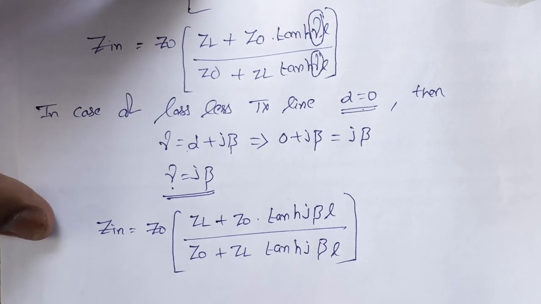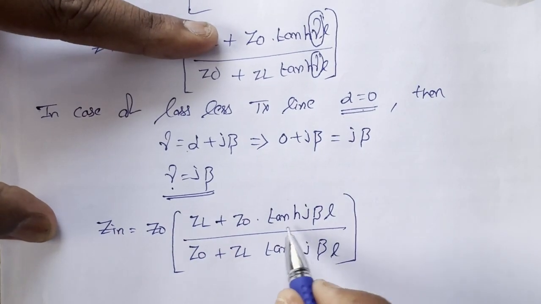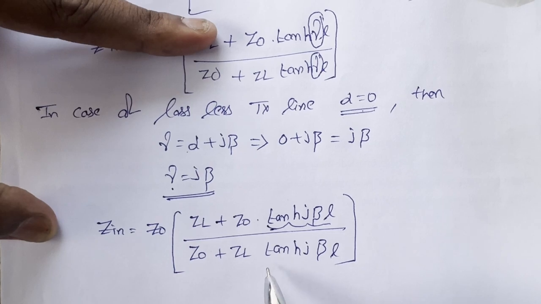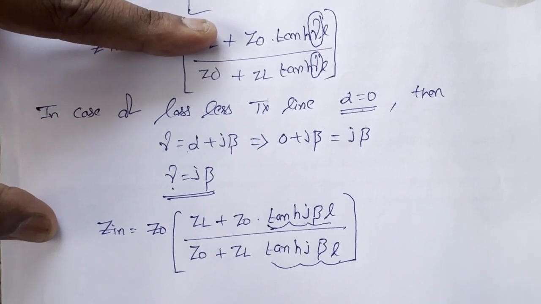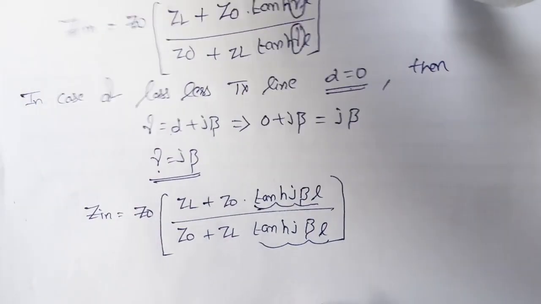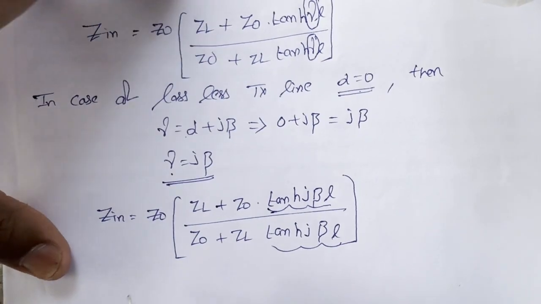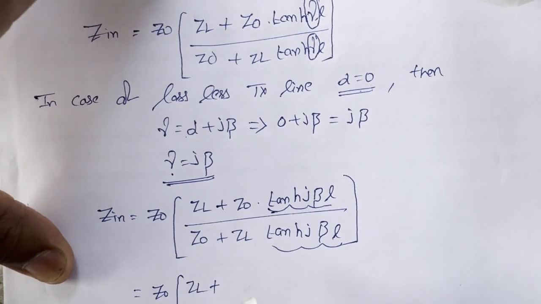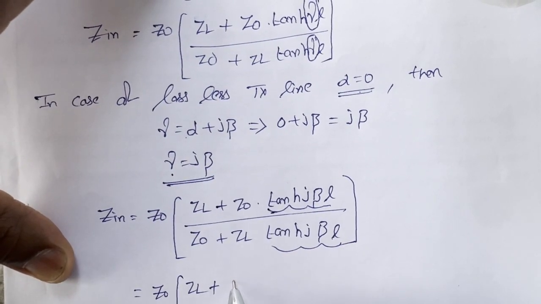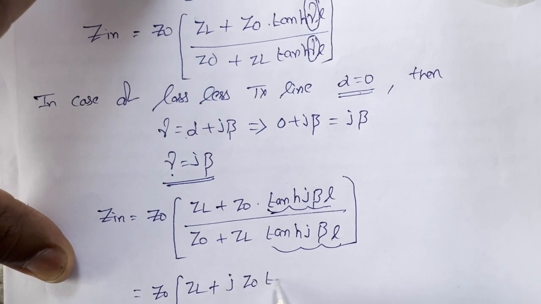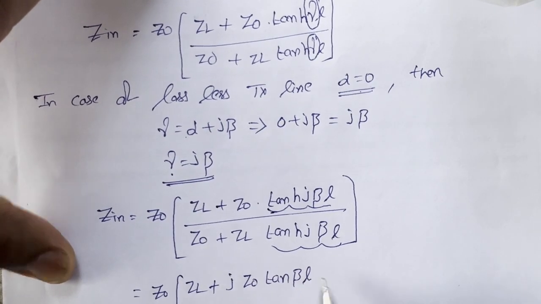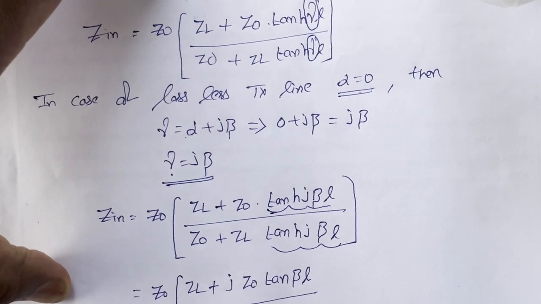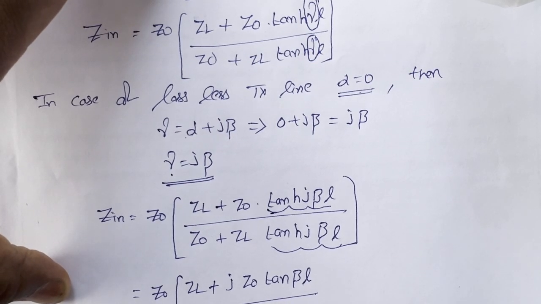Now look here, this is the hyperbolic term in the numerator and denominator. I am writing it in normal form by letting j out. Then Zin is Z0 into (ZL plus j Z0 tan beta L) by (Z0 plus j ZL tan beta L).